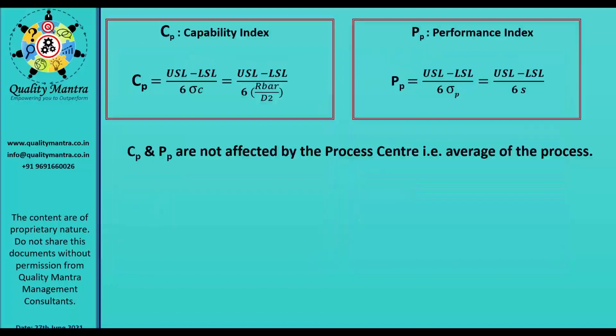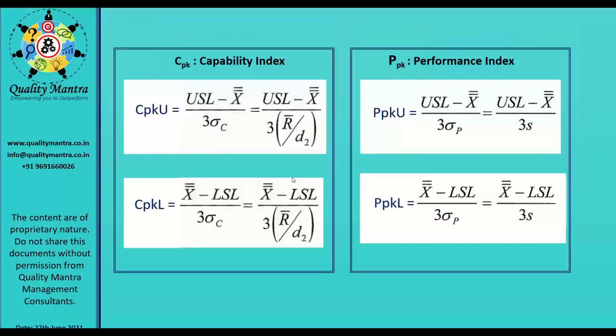But normally you should call it process capability, and you call it process performance. CP and PP: the first is for process capability, and here P is for process performance. Whereas when you talk about CPK and PPK, you call them process capability index and process performance index. But both are basically capability indexes and performance indexes.